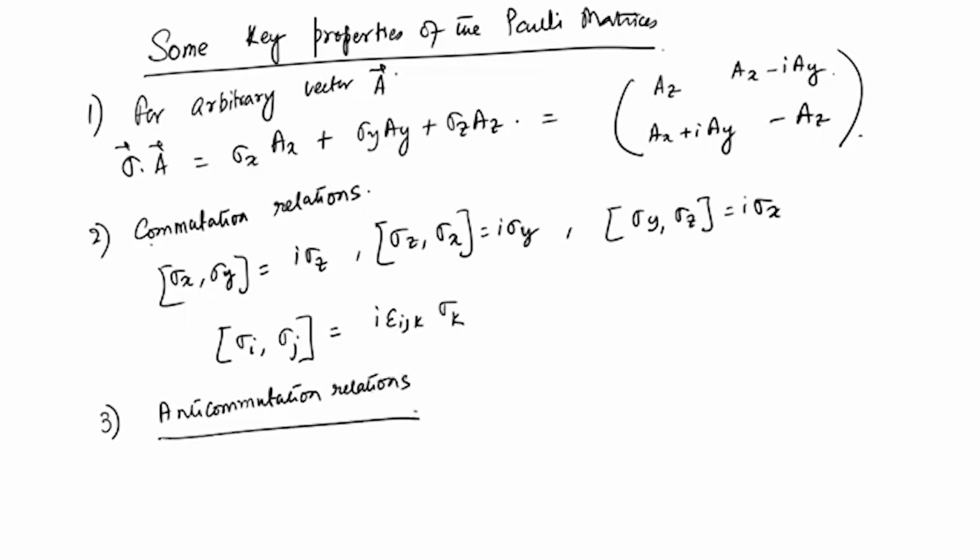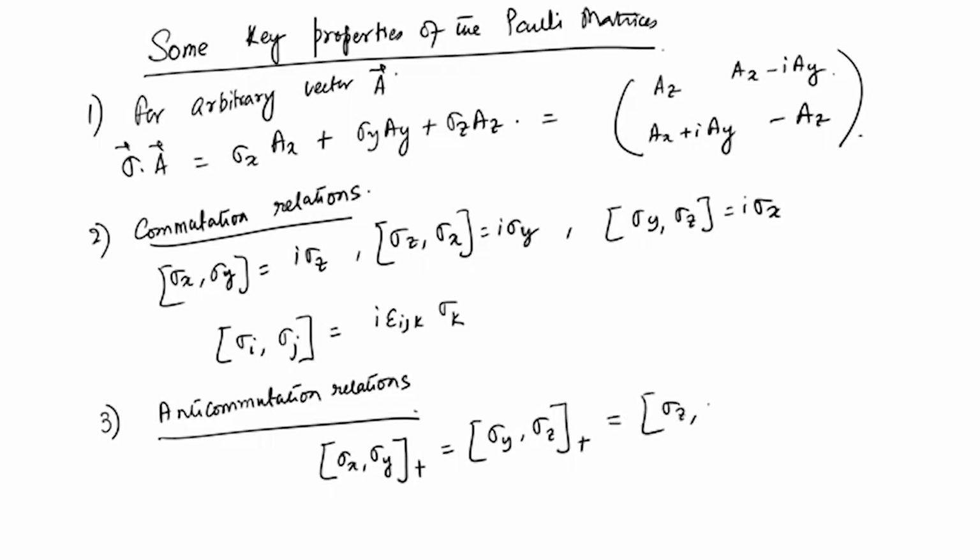And these anti-commutation relations are written as the sigma x sigma y with a plus sign, this is equal to sigma y sigma z with a plus sign, equal to sigma z sigma x with a plus sign. This is equal to 0. Okay, so the anti-commutation of a pair of them is always equal to 0.